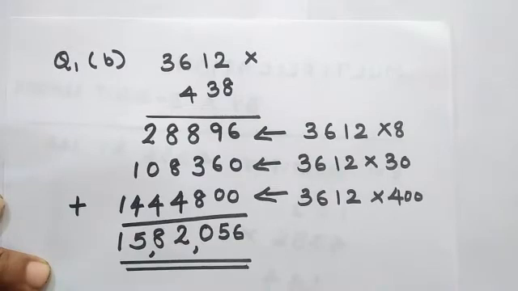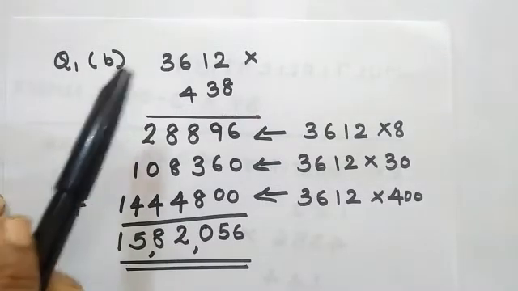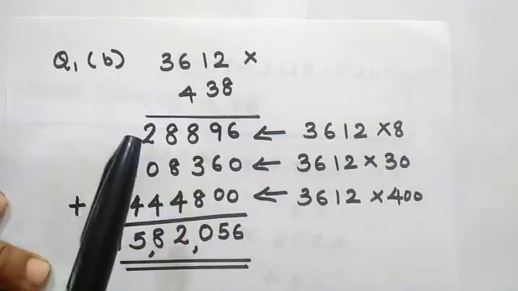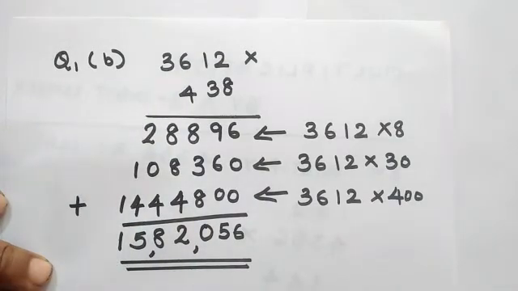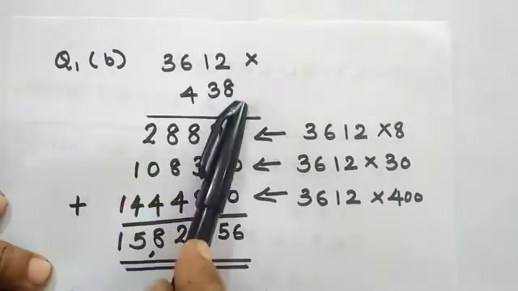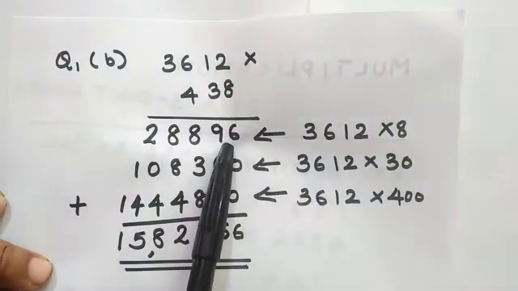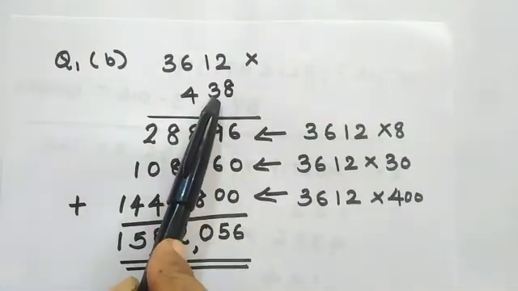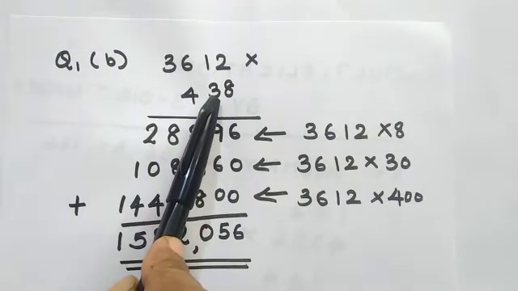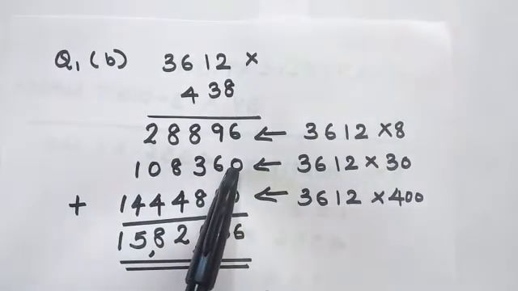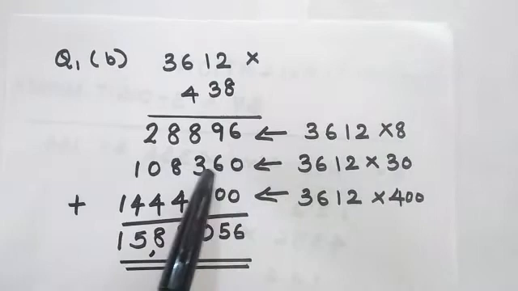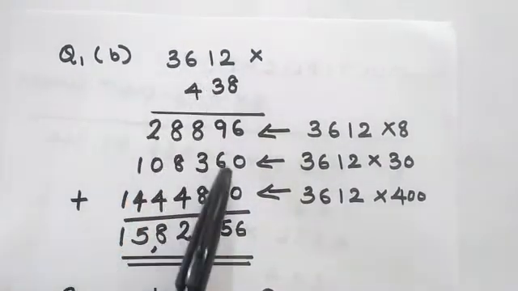Next question. 3612 into 438. So as usual you multiply with this 8, you will get this number. Then we will multiply with 3, that's in the tens place. So at first we will add 1 zero and then continue your multiplication with 3.